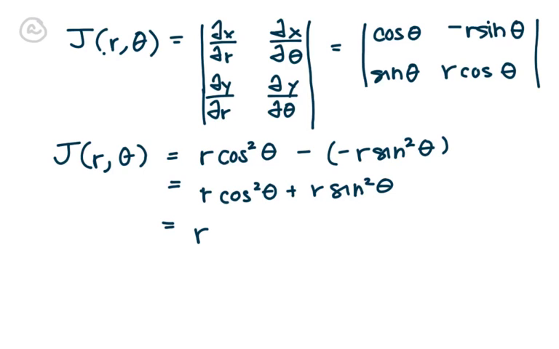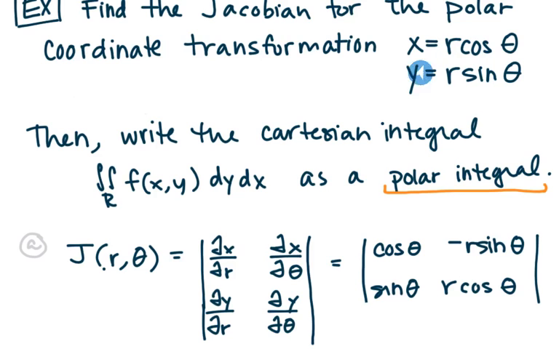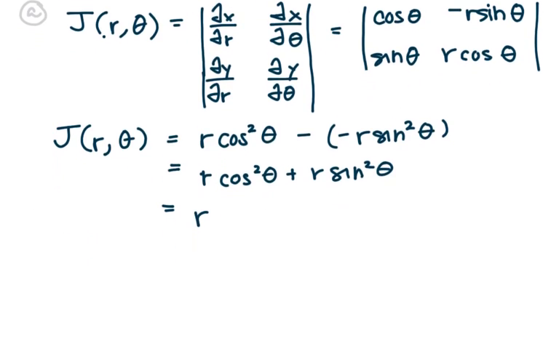So we end up with the Jacobian is just r. Remember I said the Jacobian is that extra factor. Kind of makes sense, especially when we have something very basic as what is listed here. I mean, these are the definition of polar coordinates. So it should make sense that the extra factor found by the Jacobian is that r value.